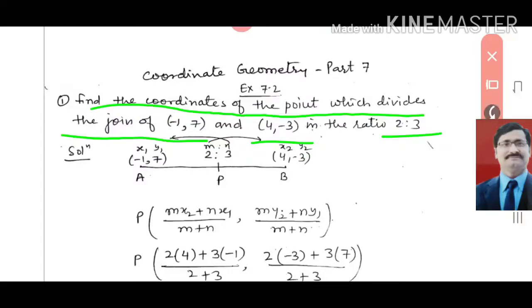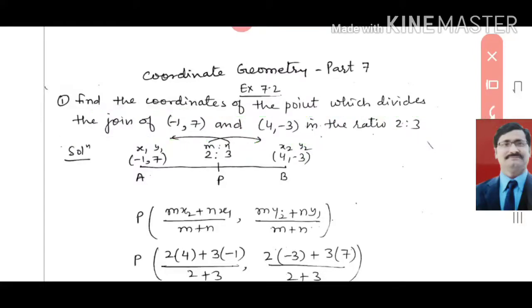You can represent this question in a format. Point A is (-1, 7), point B is (4, -3), and suppose the coordinate of P is P here. We have to find the point P which divides this line segment AB in 2:3.